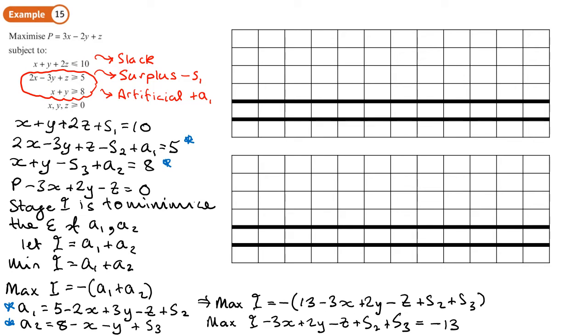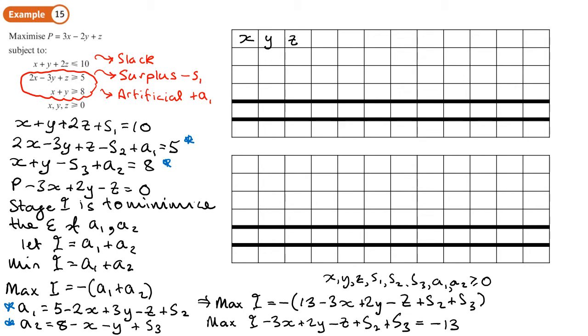And the last thing we'll do before we start using the tableau is to declare that all our variables are greater than or equal to 0, they're all positive. So we'll just write down here x, y, z, s1, s2, s3, a1 and a2 are all greater than or equal to 0.